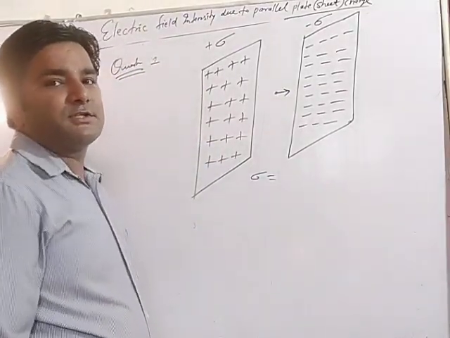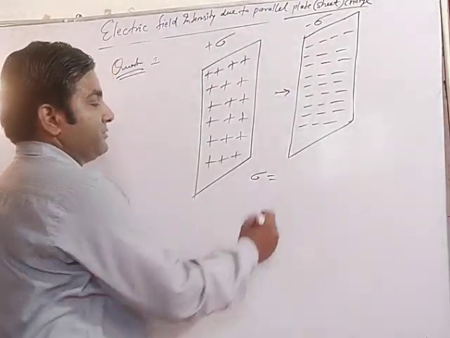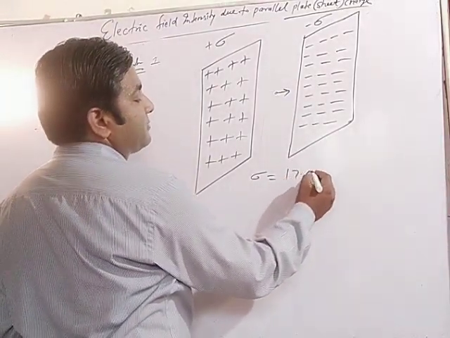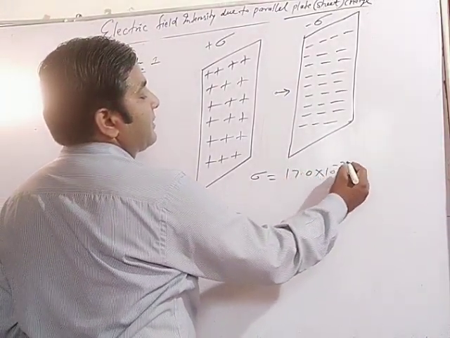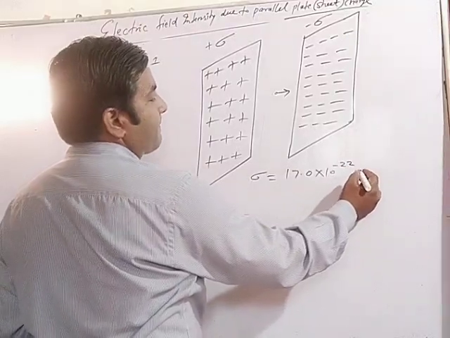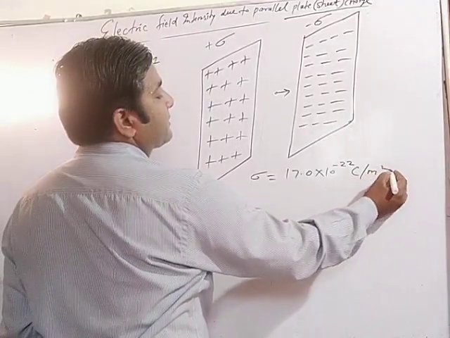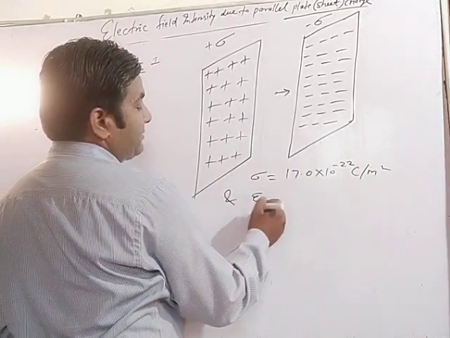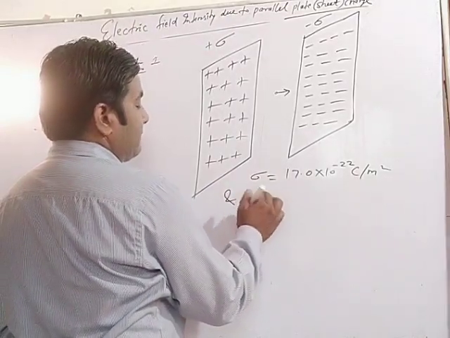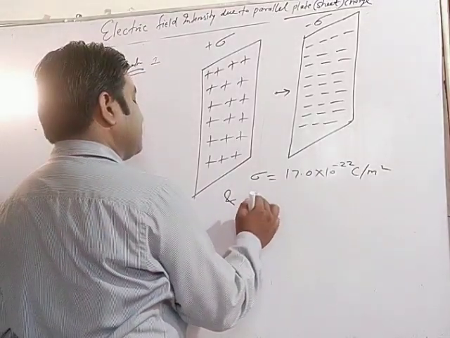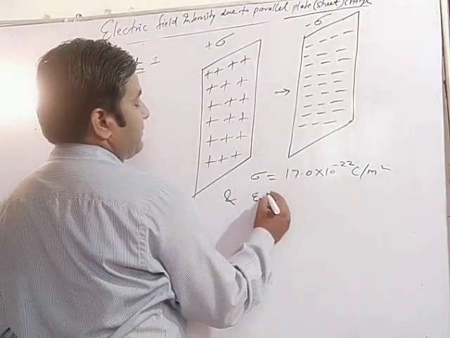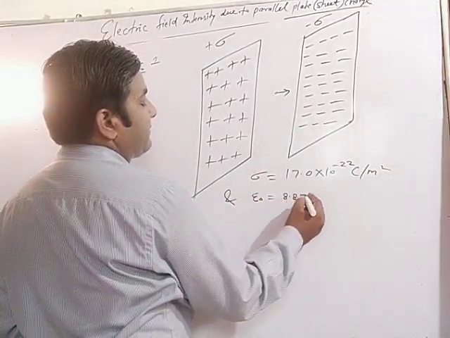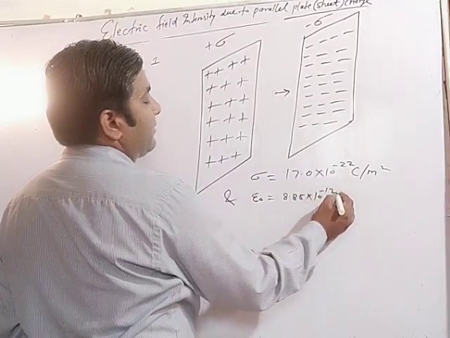In this question, sigma is given, it is 17.0 into 10 power minus 22 coulomb per meter square, and we know that epsilon naught is equal to 8.85 into 10 power minus 12.